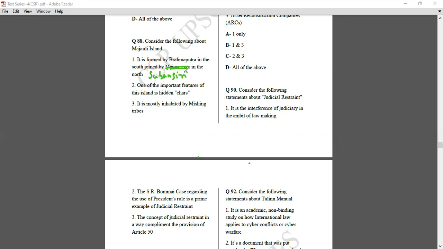So one is wrong. One of the important features of the island is hidden charge. Yes, it is correct. It's factual information. It is mostly inhabited by Mission tribes. Yes or no? Yes, it is correct. It is inhabited by a very famous tribe of the northeast, that is the Mission tribes. Okay.